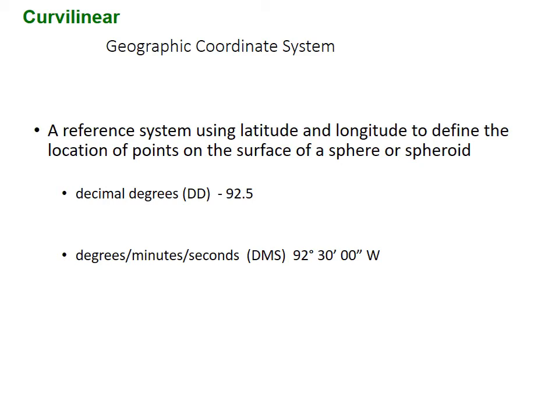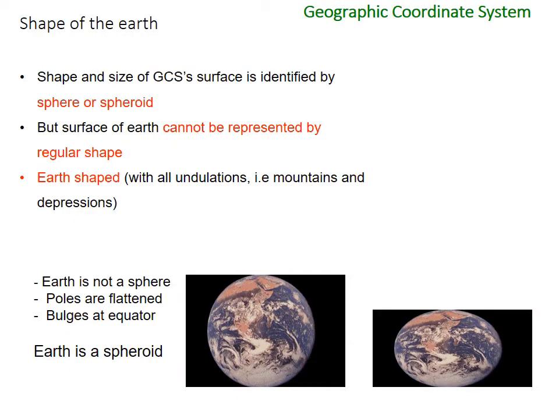So these two values are same, but the way it is represented is one in decimal degrees, that is 92.5, and then degrees, minutes, and seconds, which is given as 92 degrees, 30 minutes, and 0 seconds in the west direction. The shape and size of the geographic coordinate system surface is defined by a sphere or spheroid.